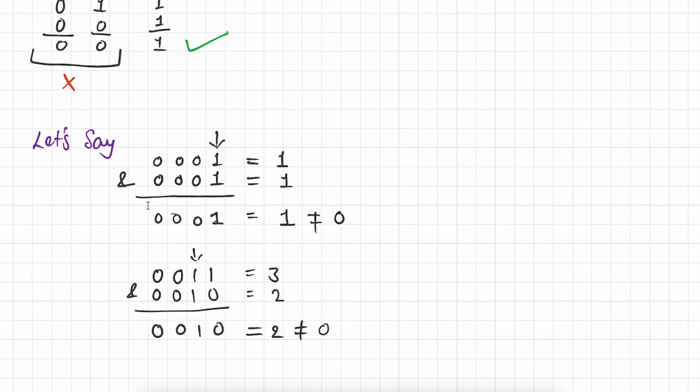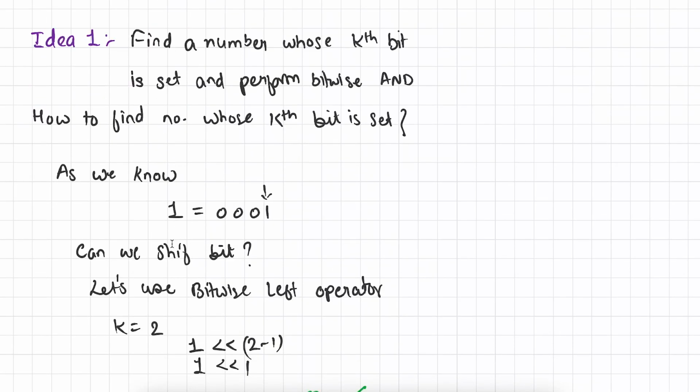Now let's discuss the first idea to solve this problem. The first idea is to find a number whose kth bit is set and perform bitwise AND with that number. If we get a number that is not equal to 0, it means that bit is set. Now the question is how to find a number whose kth bit is set.